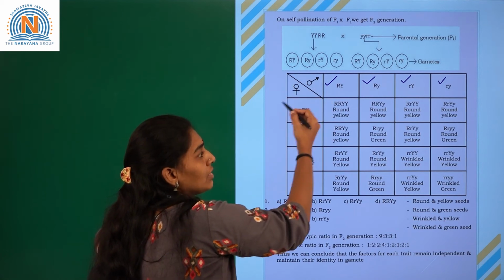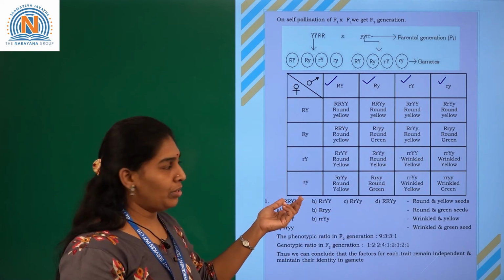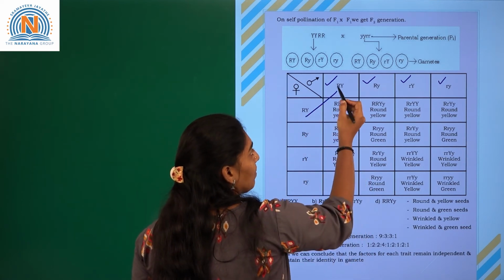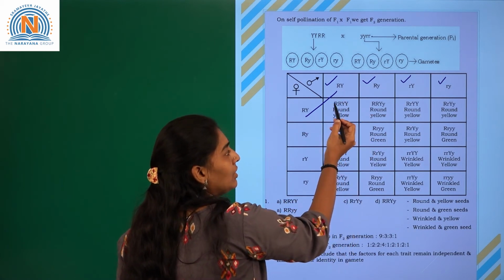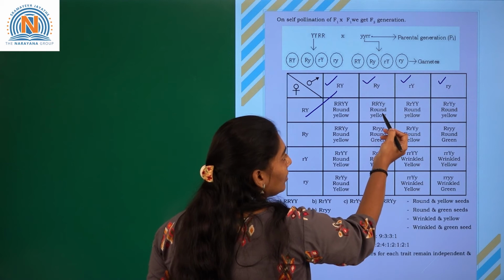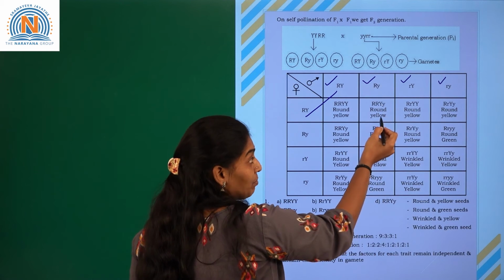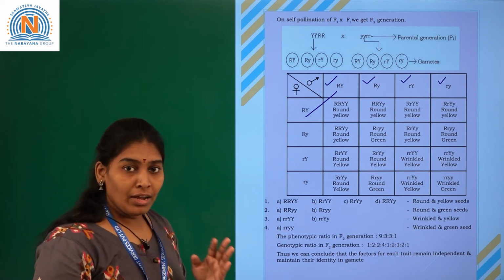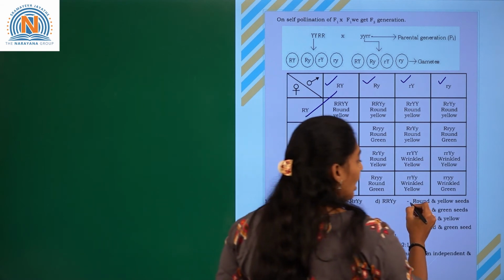When we write this in a table, it is called a checkerboard. Wherever capital R and capital Y are present, the plant expresses round and yellow.